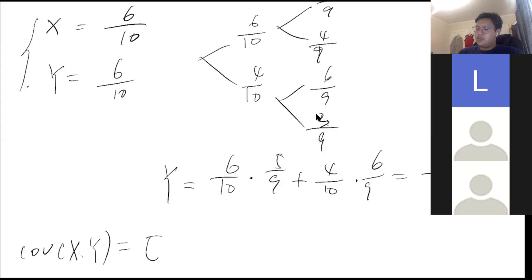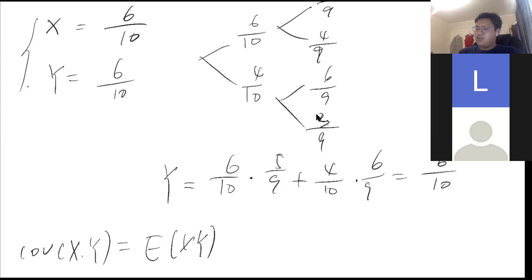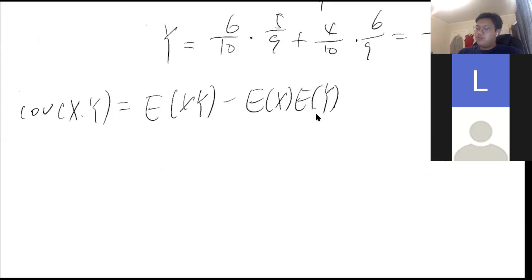That's just the expectation of x, y minus the expectation of x times the expectation of y. Since they are all Bernoulli variables, x times y equals 1 only when x equals 1 and y equals 1. It will be 0 otherwise.